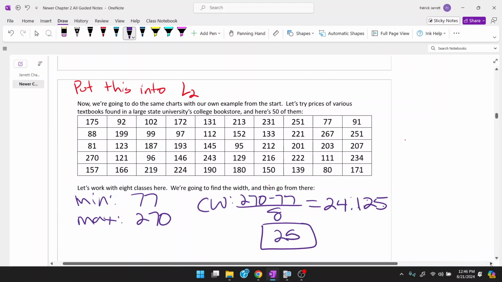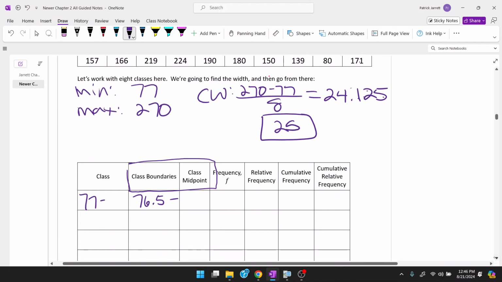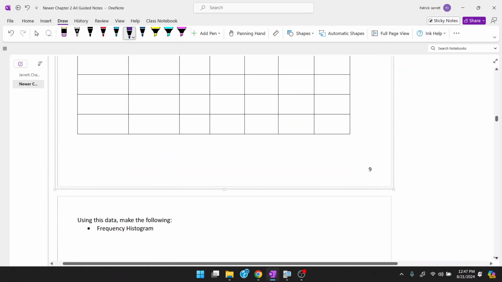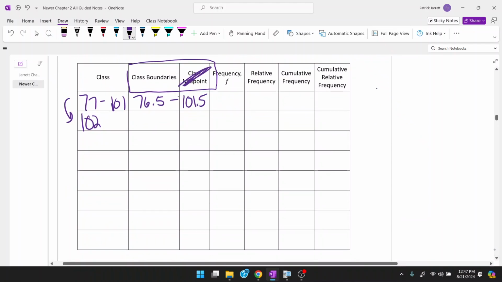Now, in this case, the minimum is 77. So the first boundary is 76.5. And we're going to be adding increments of what? 25. So that's 102. Don't worry about midpoint. In fact, I've been meaning to take midpoint off of there. A good course of action for this is to find all your lower class bounds right off the bat.